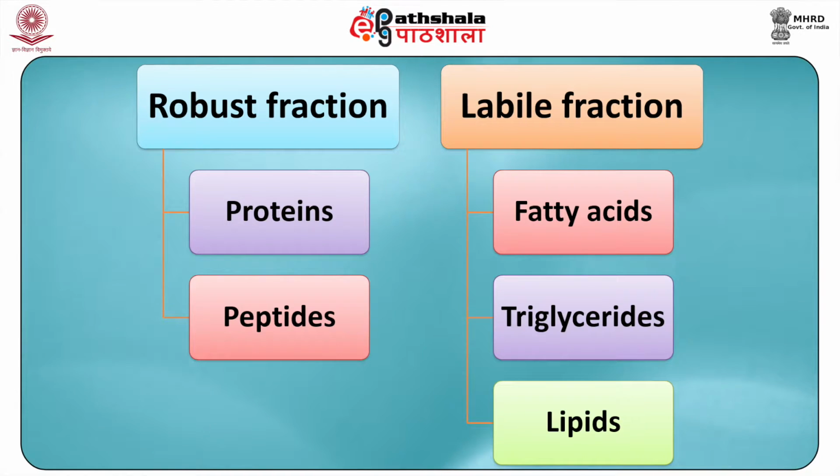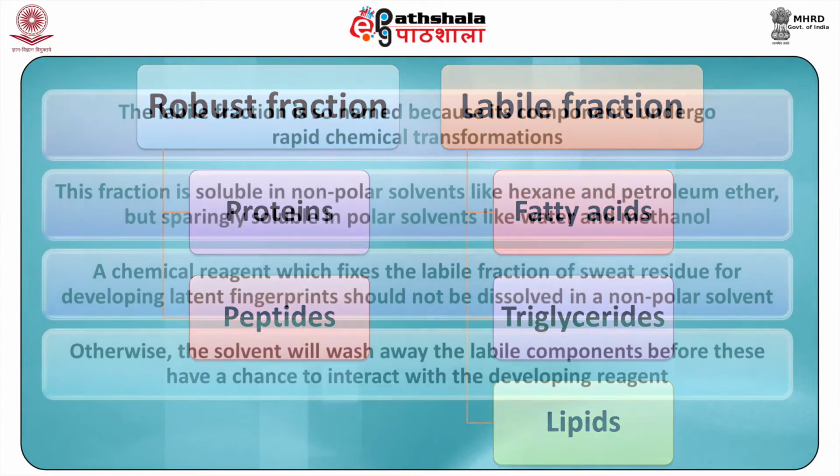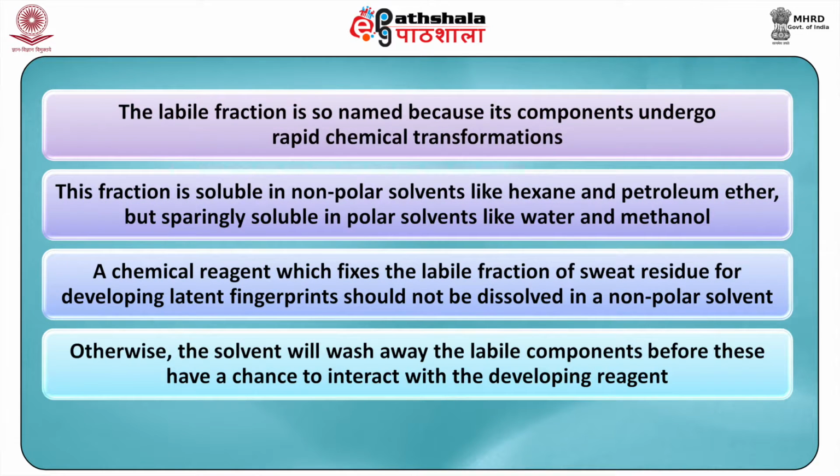Whereas the physical developer interacts with the robust fraction components of sweat residue, oil red O tags the labile fraction entities. The labile fraction is so named because its components undergo rapid chemical transformations.